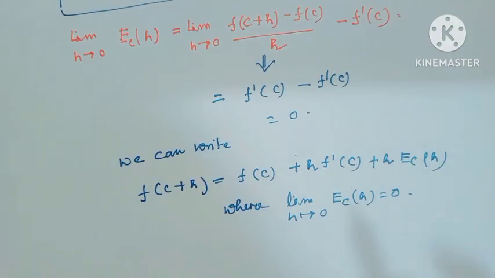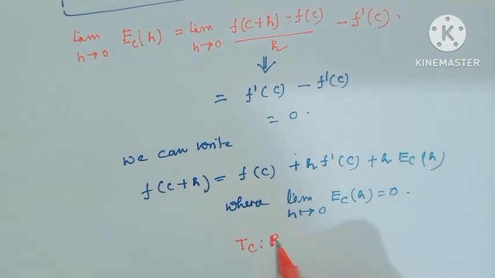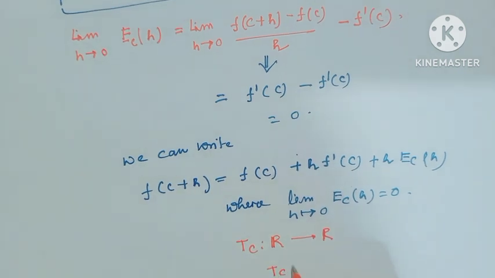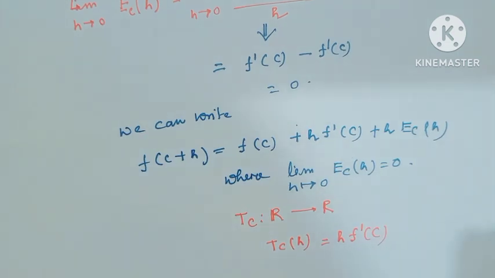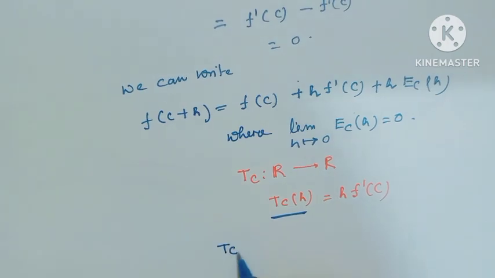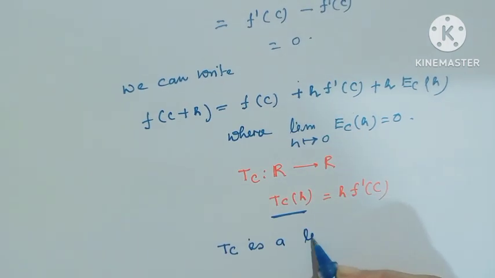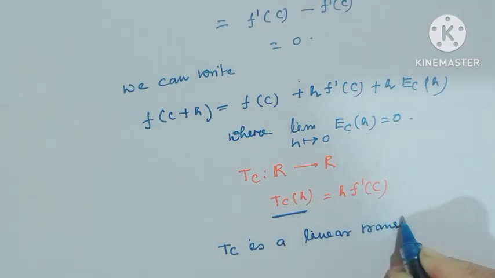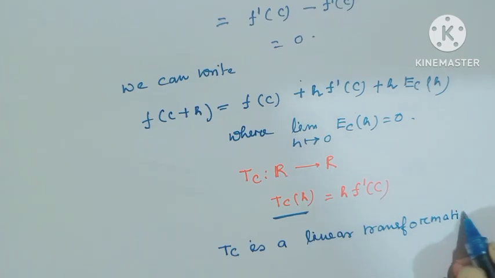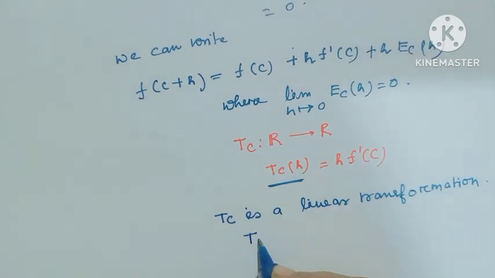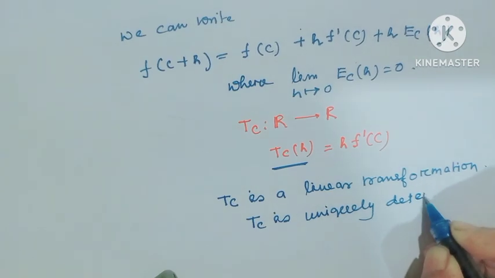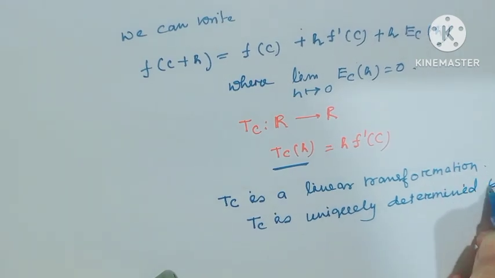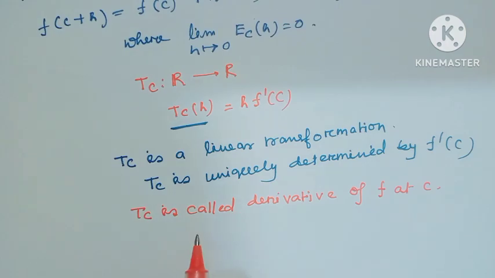Okay, now define a map T_C from R to R such that T_C(h) equals h f prime C. Clearly this T_C is a linear transformation, and T_C is uniquely determined by f prime C. This T_C is called the derivative of f at the point C.